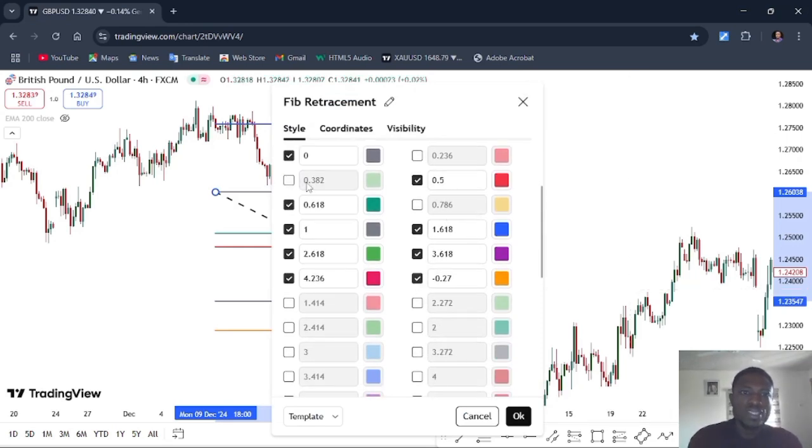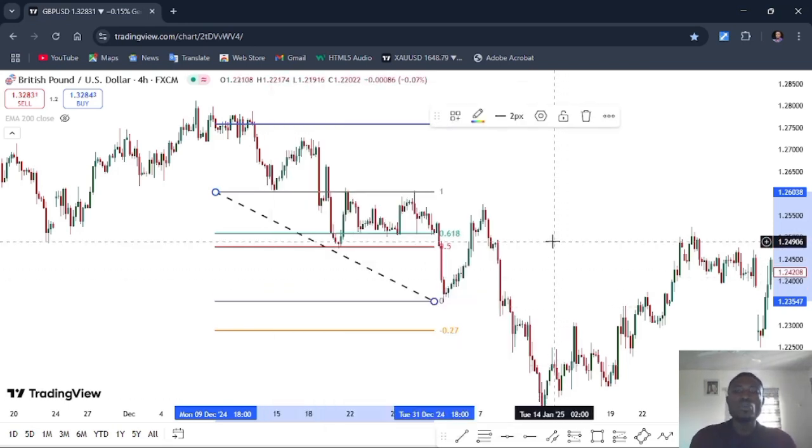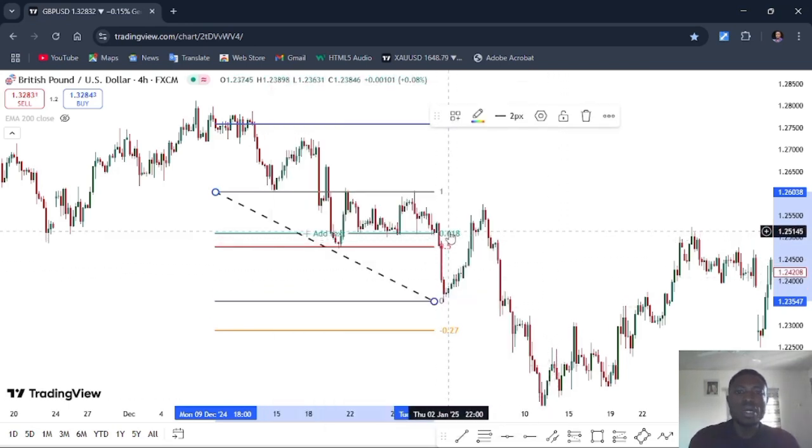For example, this 0.382 was unchecked, this one was unchecked, and this one was unchecked. Now, these ones that were checked are the ones I make use of, most especially the 0.618 and the 0.5. Those are the ones I make use of majorly. This particular one here and this tool here.